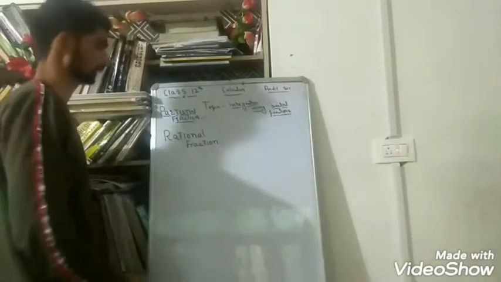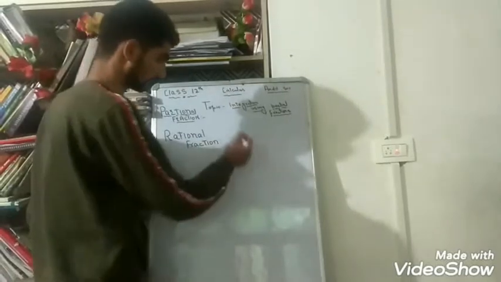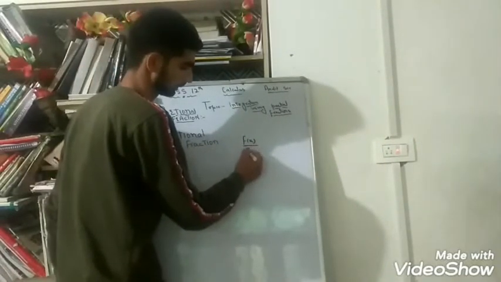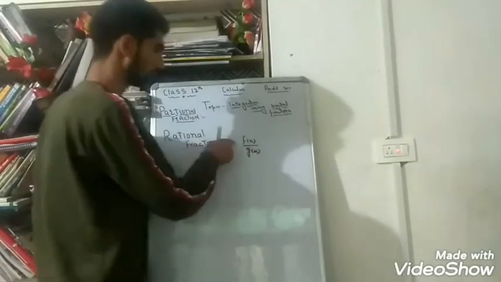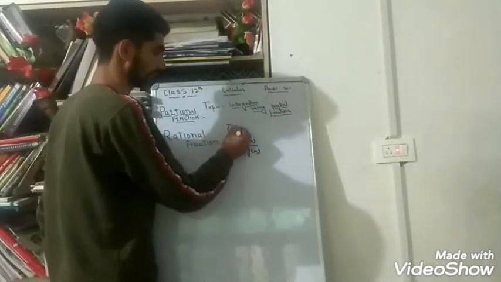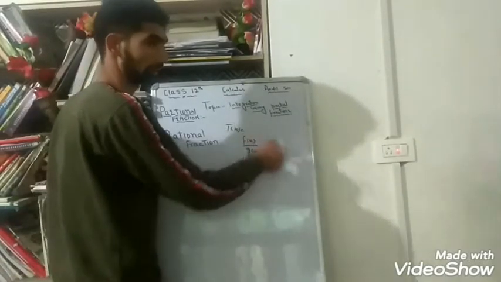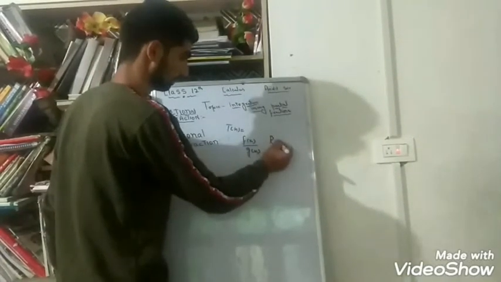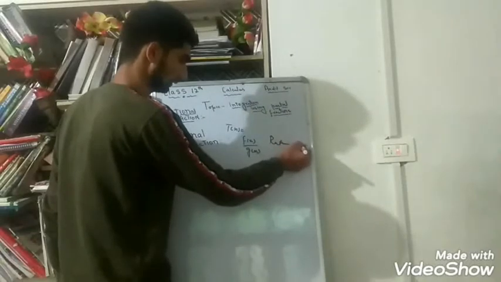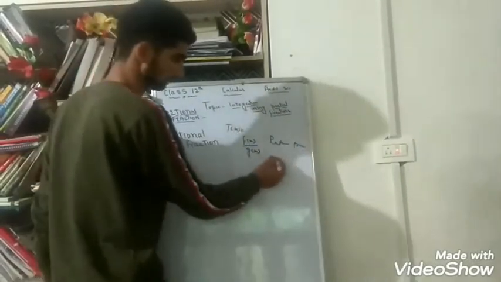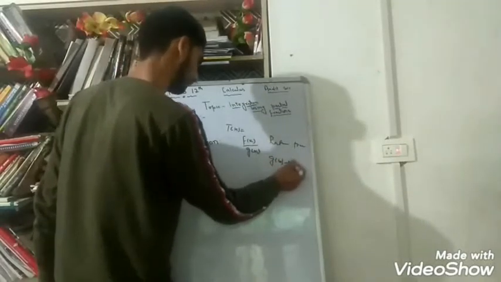We know that if we have a function of the form f(x) divided by g(x), we call this a rational fraction, a rational function, if and only if this g(x) is not equal to 0.